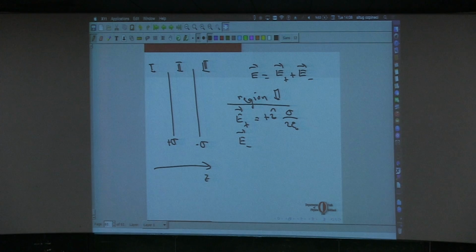Positive or negative? It's always towards the negative charge, so it will be in the positive direction. If you want to find the direction of the electric field, just imagine that you put some positive charge over there. It will feel a force towards the negative charge, so it's in the positive Z direction. So the total electric field in region 2 will be in the positive direction, sigma over epsilon 0.